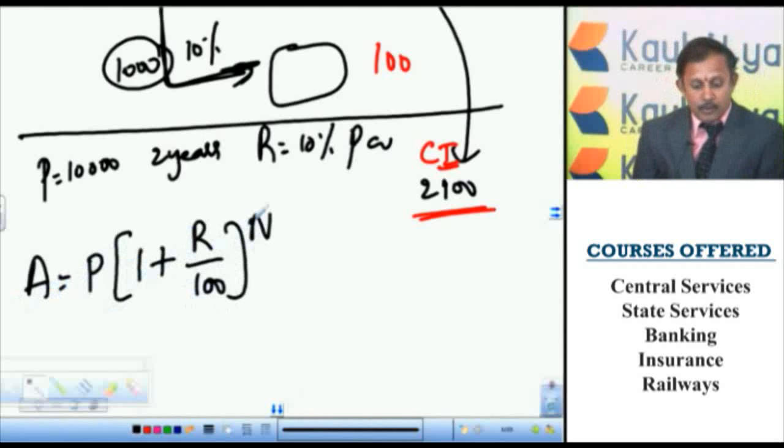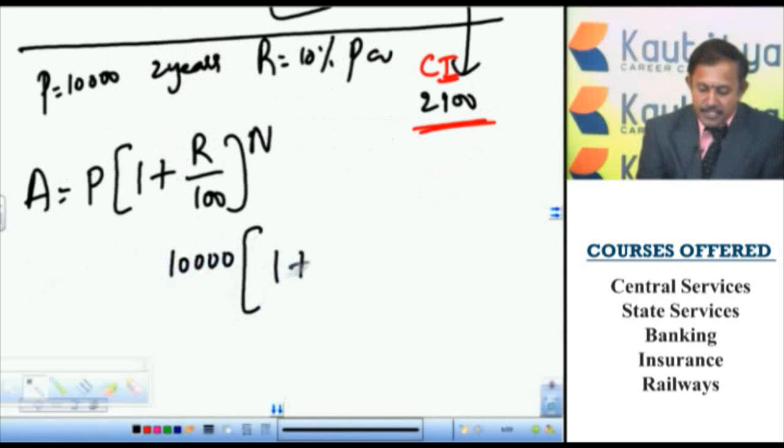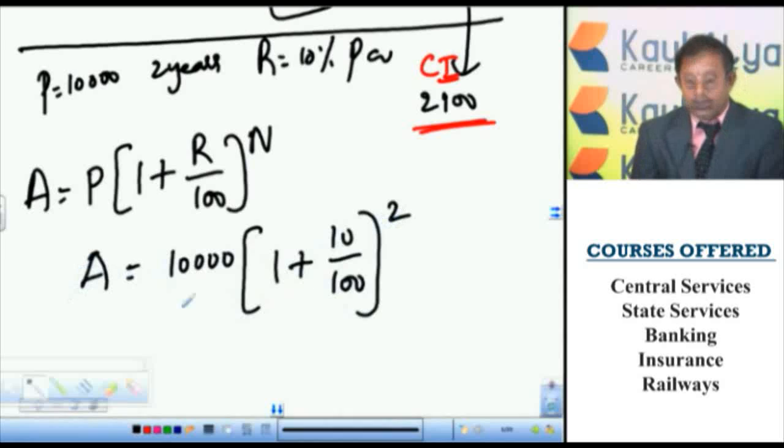Amount can be obtained by using the formula principal into 1 plus R by 100 power n. So in this case, the principal is 10,000. The rate of interest is given as 10% per annum, and the number of years is 2. So amount is equal to principal value 10,000 into 1 plus R by 100 power n.